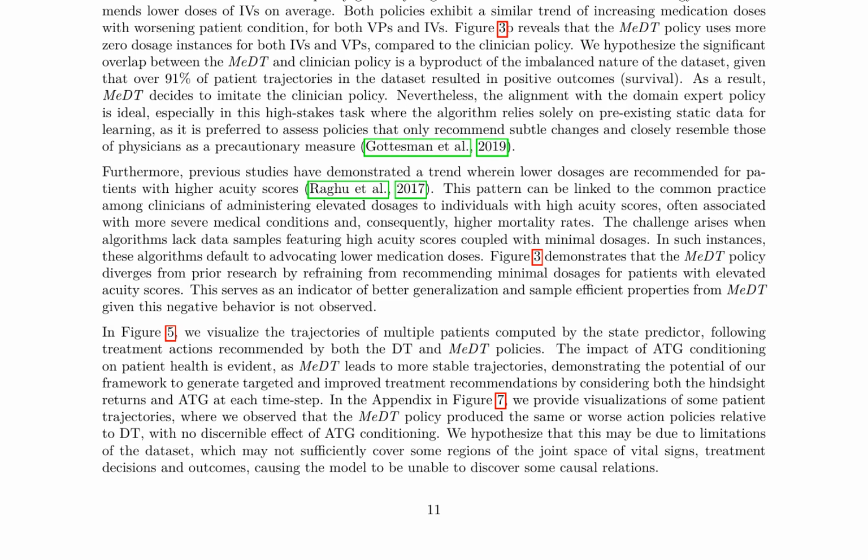However, some patient trajectories show that the MeDT policy produced the same or worse action policies relative to DT, with no discernible effect of ATG conditioning, which may be due to limitations of the dataset. Despite this, the alignment with the domain expert policy is ideal, particularly in this high-stakes task where the algorithm relies solely on pre-existing static data for learning.